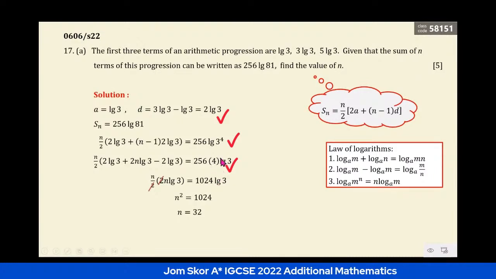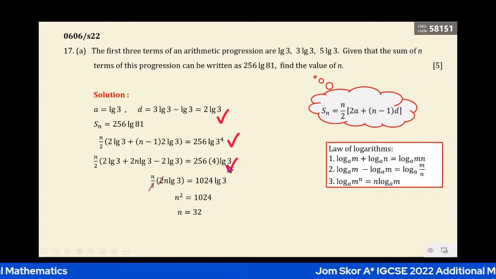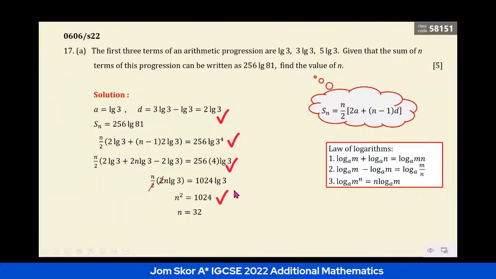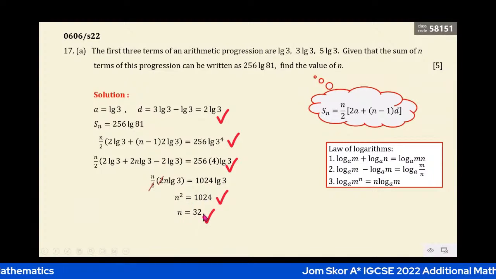Dekat mana-mana lah, sama ada dekat stage ni ataupun dekat stage yang bawah ni, you all lambat sikit ke nak guna, tak ada masalah. Okay, once you use law of logarithm, so we will give you 1 mark. Okay, and then you simplify, compare the coefficient of log 3, kiri kanan pun log 3, so you will get this, and then n is equal to 32.